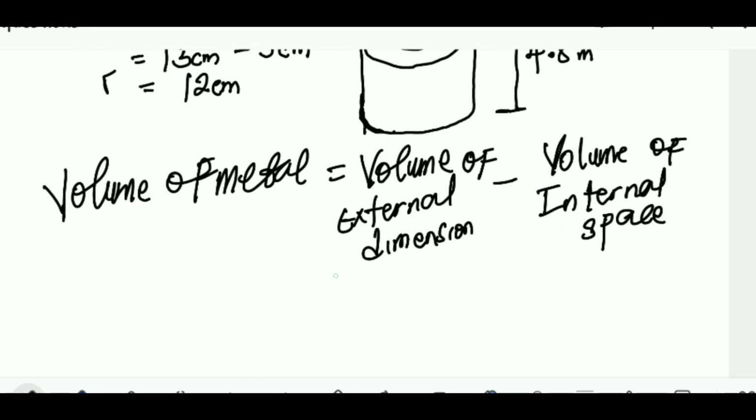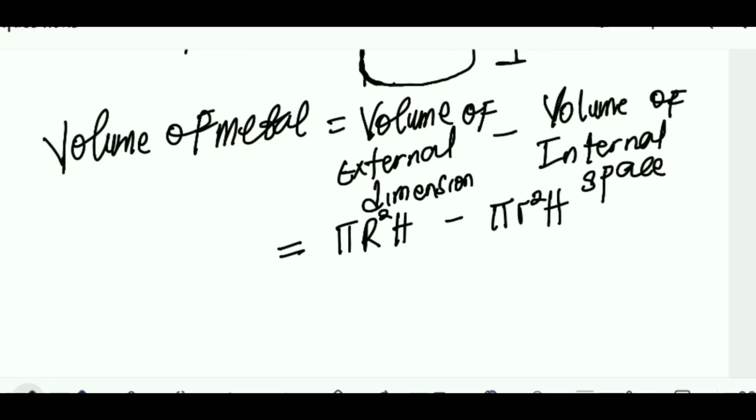All right, so it's a pipe, and a pipe is in the form of a cylinder. So the volume of a cylinder is pi r squared h. I'm using big R because for the external dimension the radius is bigger, minus small r squared h. I'm just using the same h because the height of the external dimension is the same as the height of the internal dimensions.